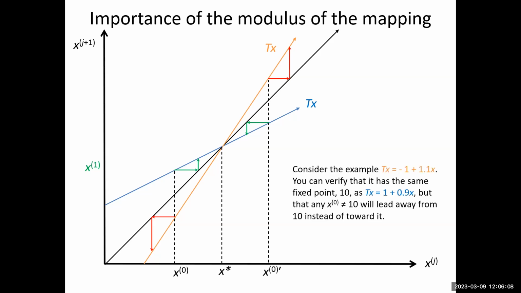Consider the example, T applied to x equals -1 plus 1.1 times x. You can verify that it has the same fixed point, 10, as T applied to x equals 1 plus 0.9x, but that any x0 not equal to 10 will lead away from 10 instead of toward it.